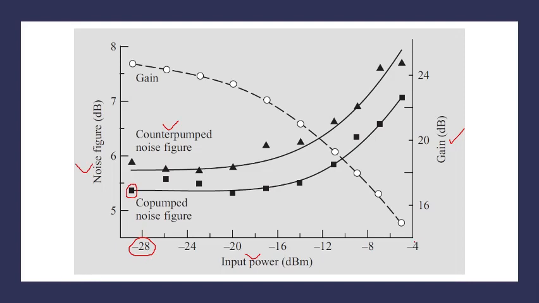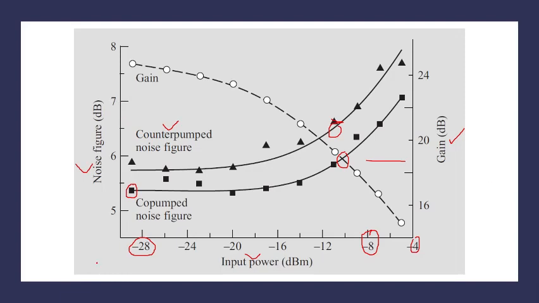If we give a higher input signal in an amplifier, let's suppose -8, then the noise figure increases for both co-pumped and counter-pumped, and our gain decreases. Here we are getting a gain of 19 dB.